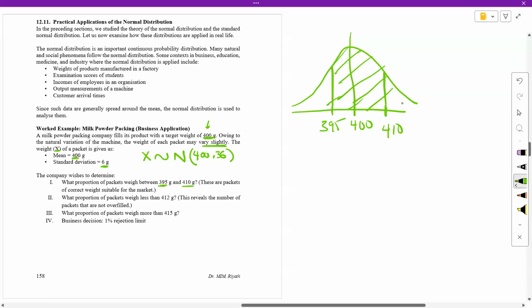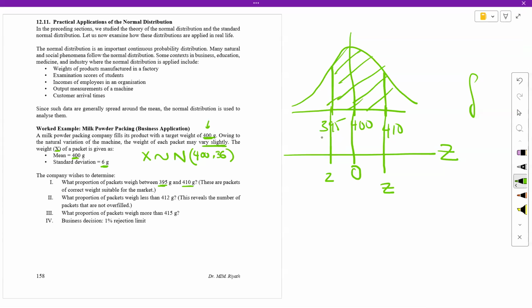We can find it using the integration function, but we have a standardized table, and we can apply it directly. For that we have to find the Z. We have to convert these weight X values into Z. We know that the mean is always 0, and we want to know the Z value of this, and also of this.